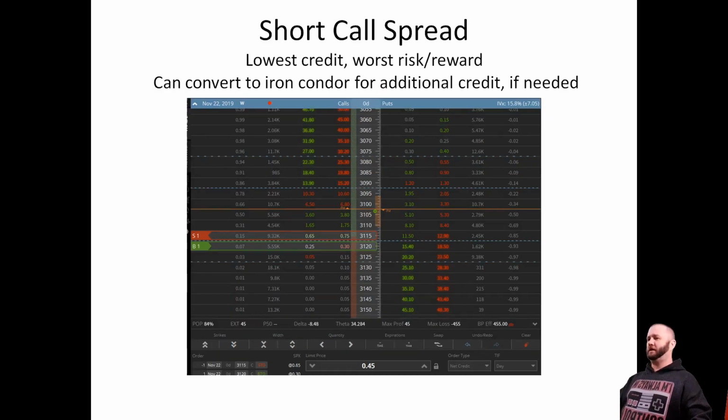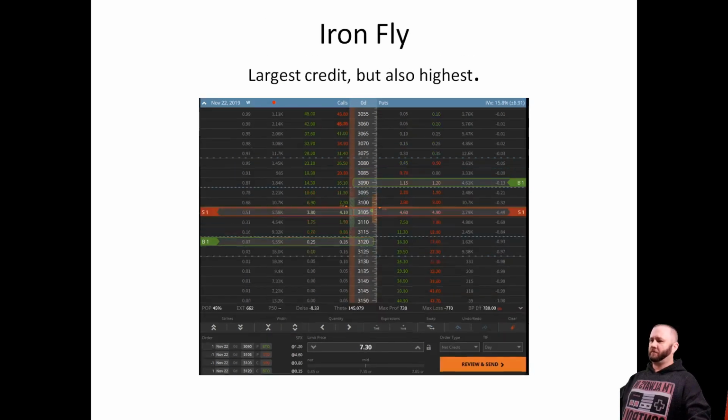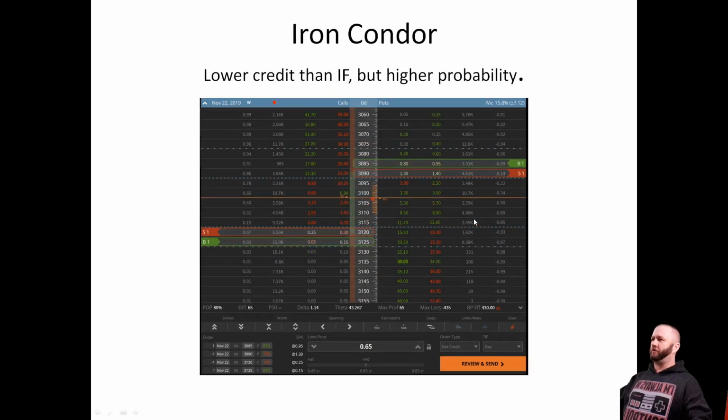Next one is, these two go together, your short call spreads and your short put spreads. The Iron Fly and the Iron Condor are good for, again, neutral strategies, sideways action days, where the S&Ps are just going sideways. They're not doing much. Iron Fly, Iron Condor work perfectly, okay?